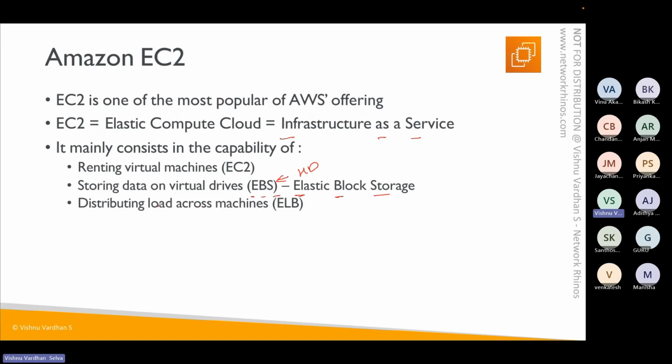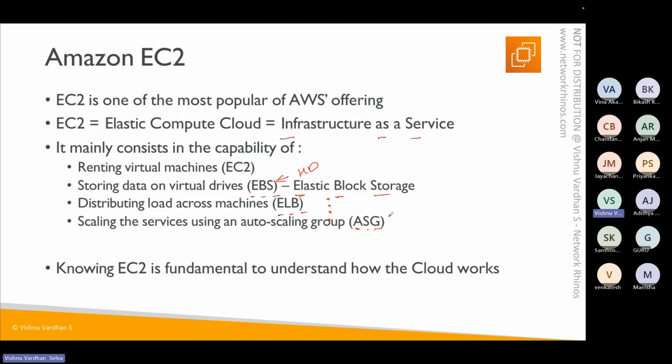Then ELB, Elastic Load Balancers, nothing but to load balance your traffic across multiple EC2 instances. We'll also learn about auto scaling groups. As of now, I'll teach you this only. EBS, ELB, ASG, these terms will come in future.